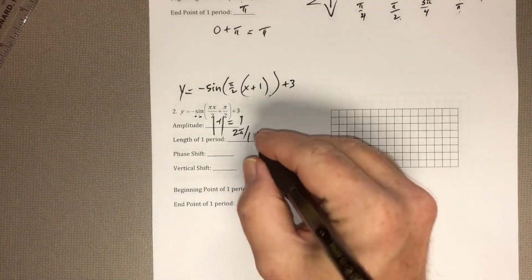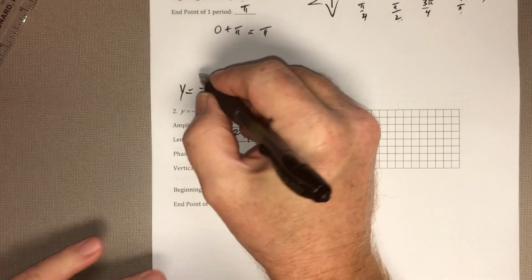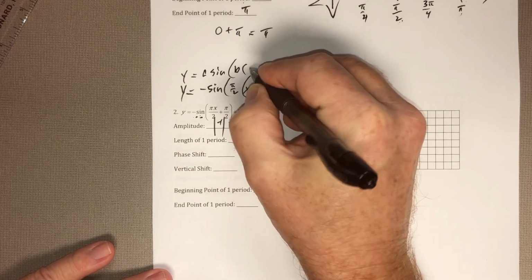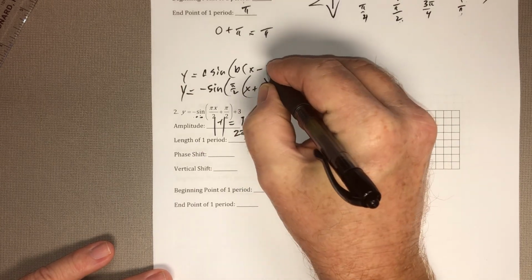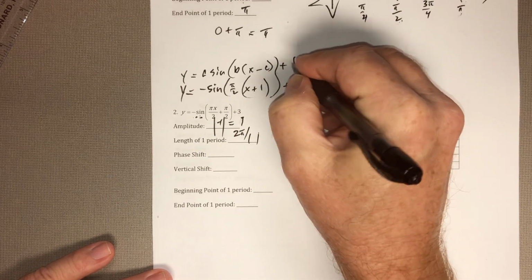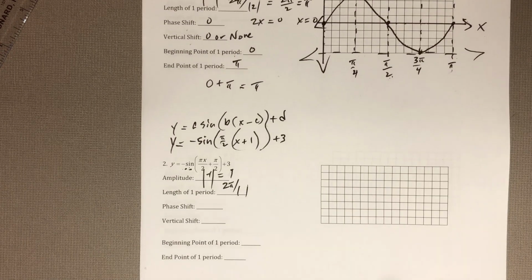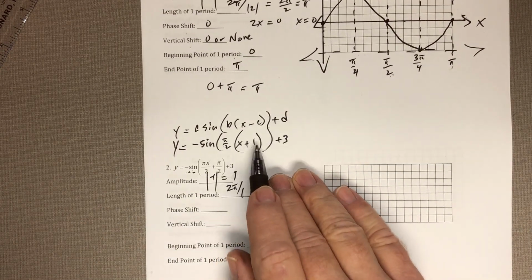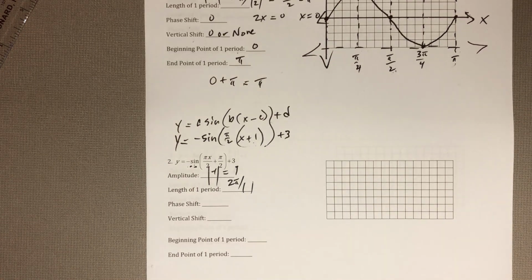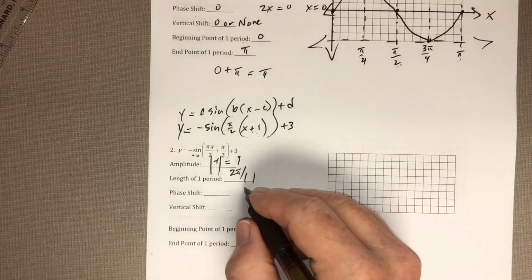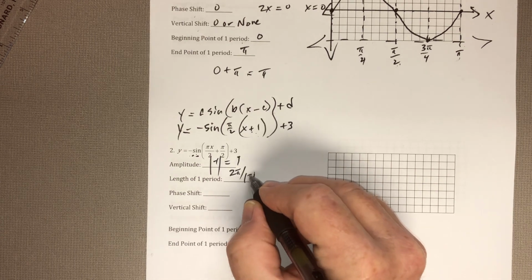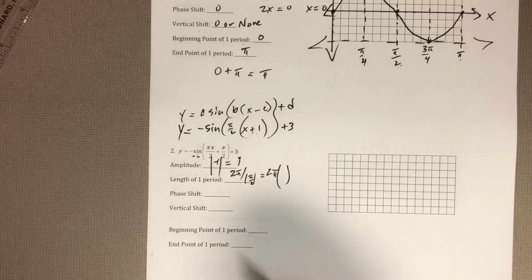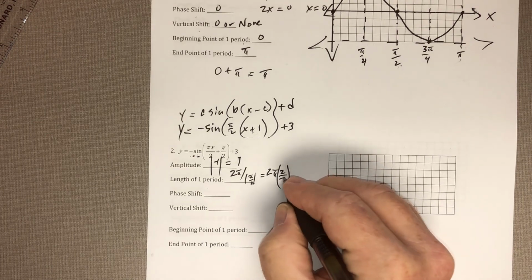So we're going to divide by the b value. Now we've got y equals a times the sine of b times x minus c, plus d, so you can get it in the form you want. By the way, if you want to rewrite this as minus -1, you could. C would be -1. We'll deal with that in a minute. But b is pi over 2, so that would be 2 pi times the reciprocal of pi over 2, which is 2 over pi.